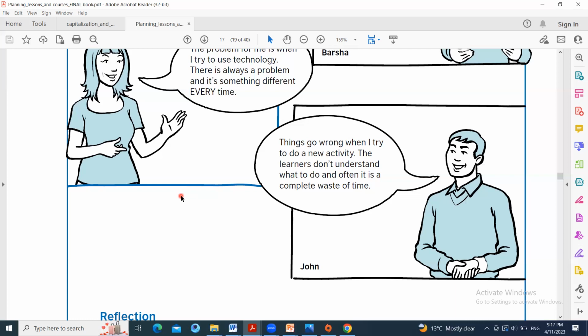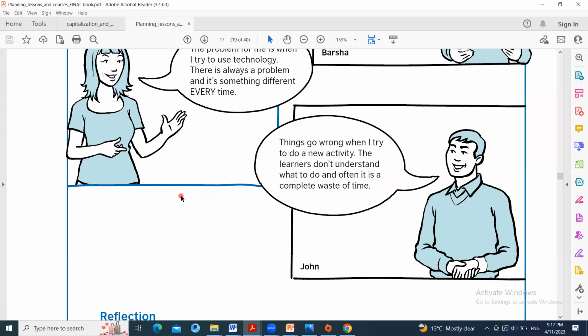Allow extra time when you are doing a new activity. John, introduce new activities with language the learners already know or will find easy. Try the activity with another teacher. This will show you what the problems can be.